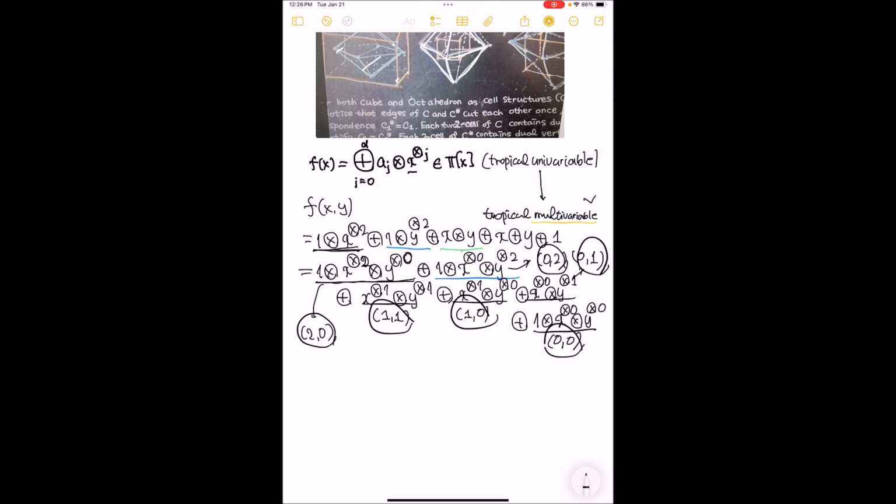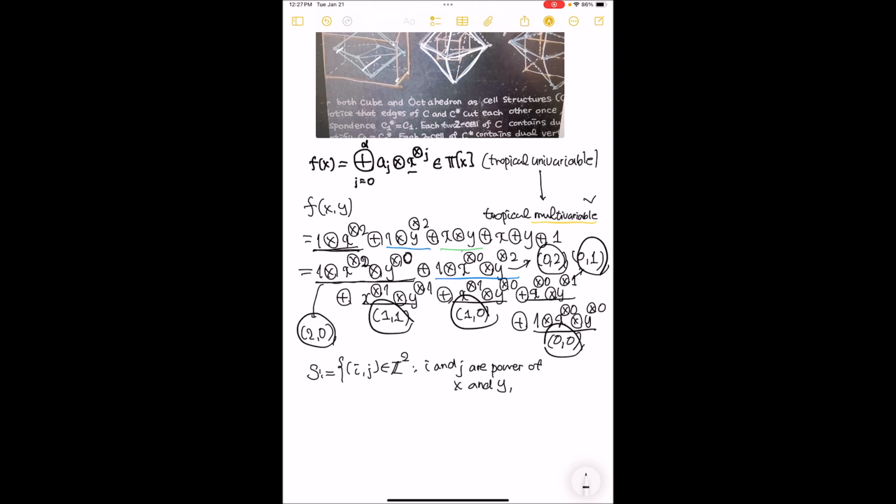Let's define the set S, a collection of two integer tuples where i and j are the powers of x and y in the tropical polynomial.